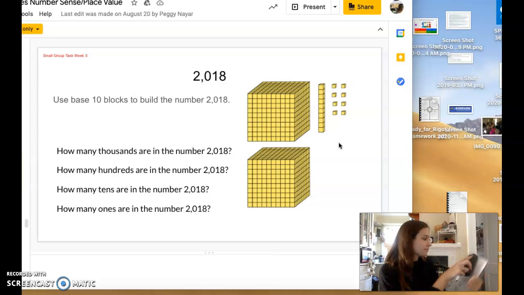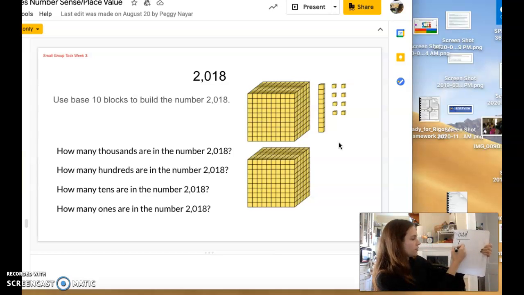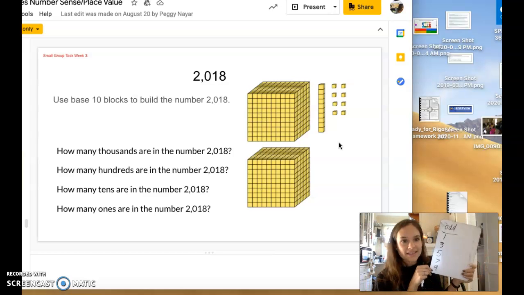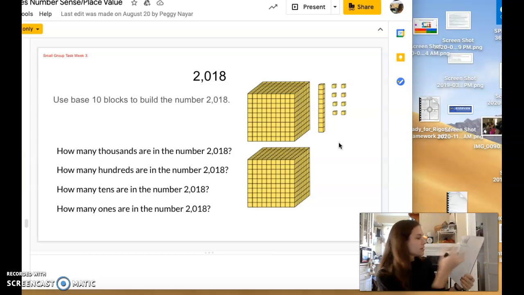Okay? Odd numbers are 1, 3, 5, 7, and 9. If a number has one of these digits in the ones place, it's an odd number. So an example would be the number 7.